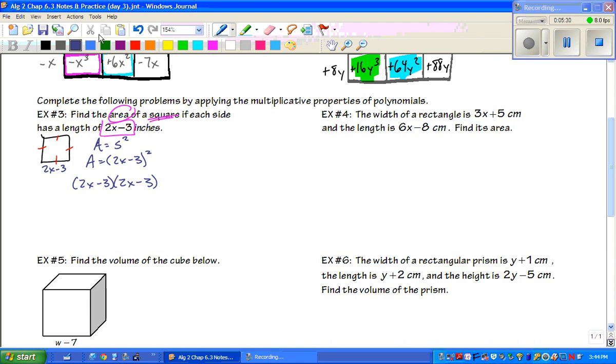Go ahead and FOIL, distribute, whatever you need to do. So I'm going to do FOIL: 4x squared minus 6x minus 6x, and then negative 3 times negative 3 is positive 9. Combine your like terms, and we get an answer of 4x squared minus 12x plus 9.